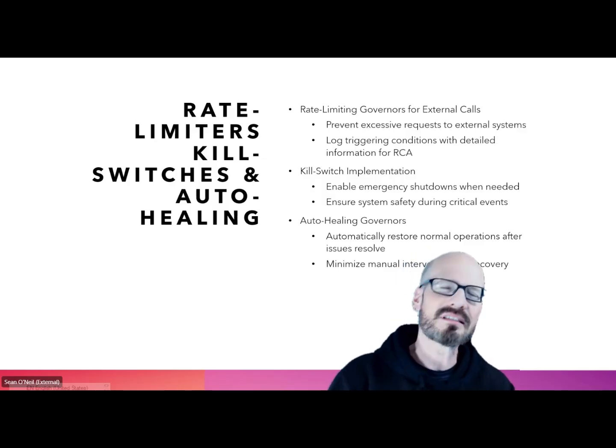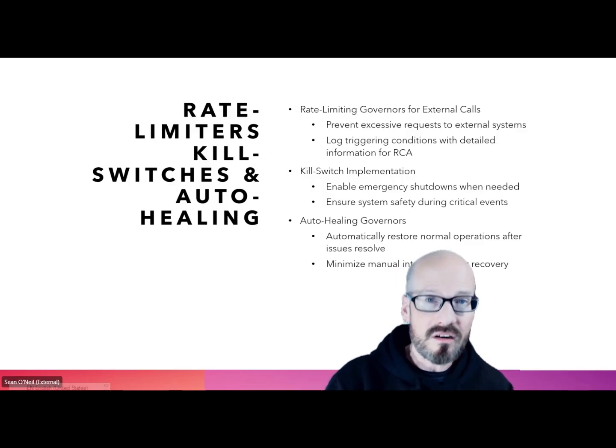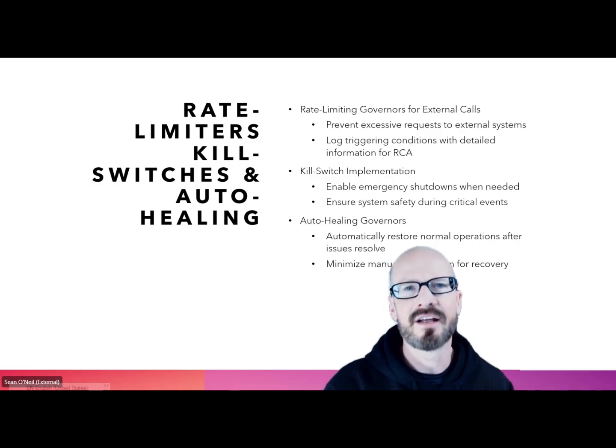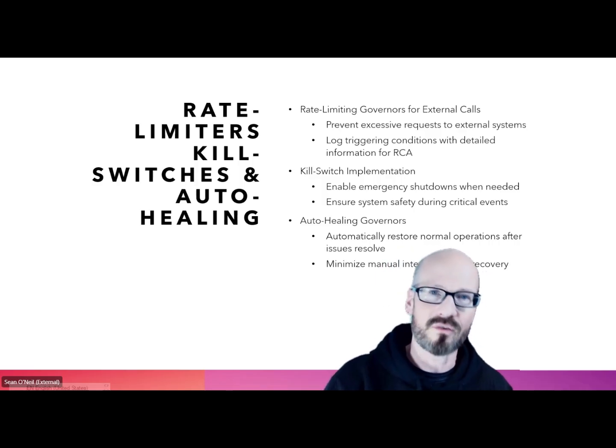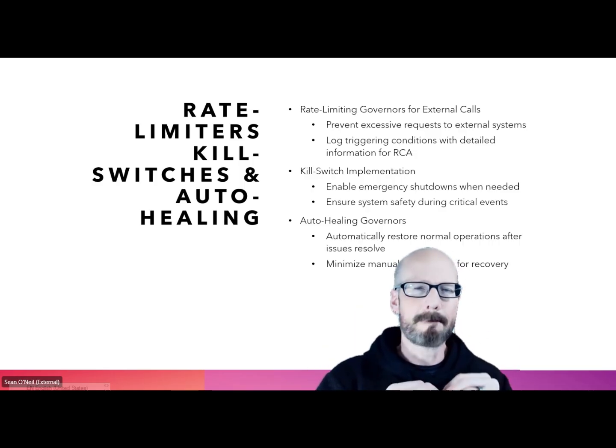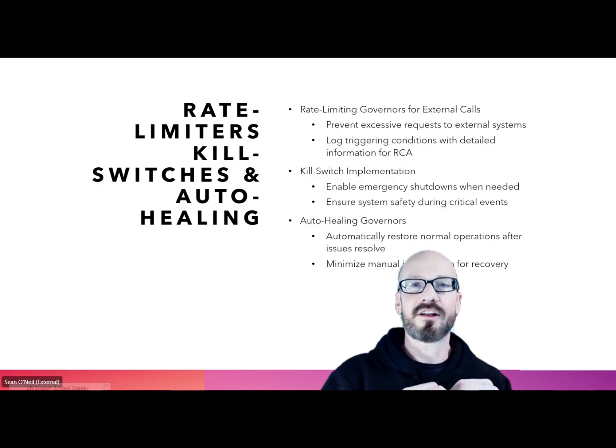One of the most important things that you can do in your architecture is institute rate limiting governors. This is a common failure pattern that can cause your site to go down, which is some type of burst in calls.